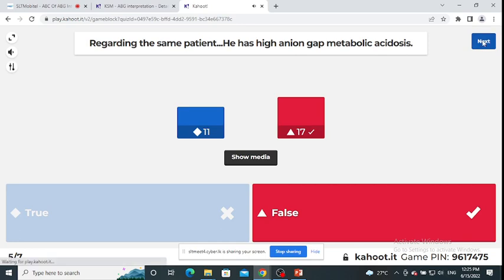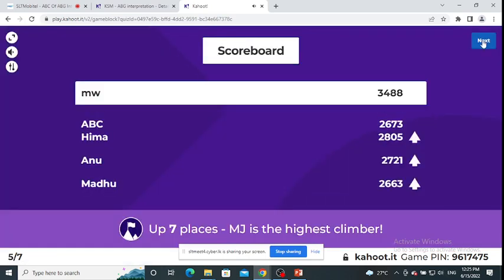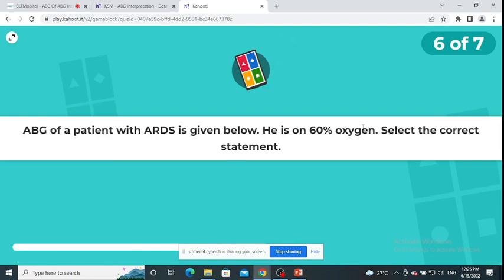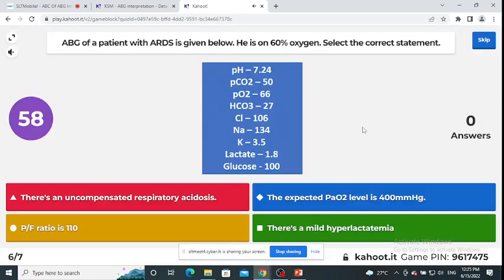Super. Well done. Right. Sixth question, one before the last. The ABG of a patient with ARDS is given below. He is on 60% oxygen. Select the correct statement.